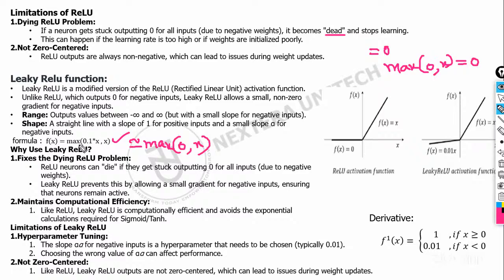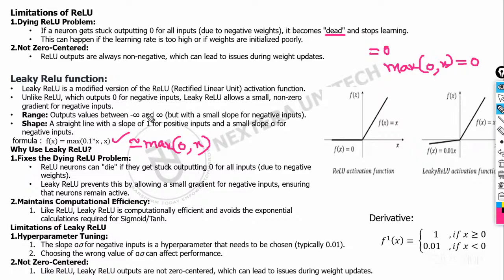But the formula for leaky ReLU is max of 0.1 multiplied by x comma x. So you cannot get 0 here, whatever the value of x, unless the input is 0. If it is negative or positive, you cannot get 0, and the dying ReLU problem will be fixed.